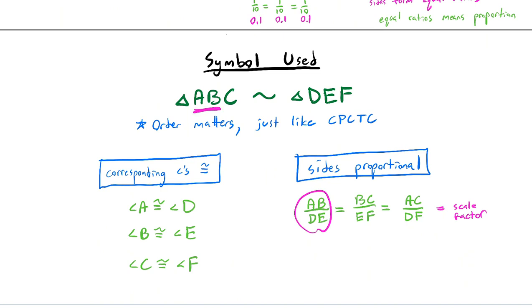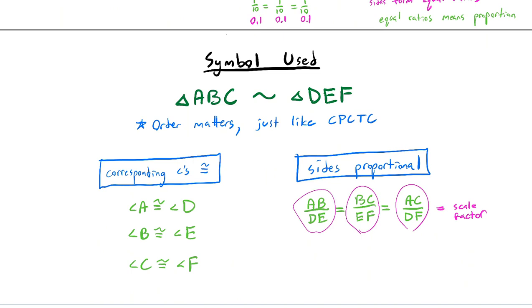So AB divided by DE, whatever that ratio is, has to be the same as BC divided by EF, which is also the same as AC divided by DF, right? Those are the ratios, and they have to be the same.